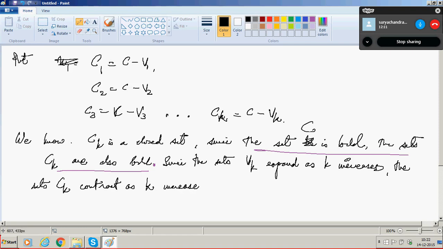See, there is a beautiful geometric picture here, right?